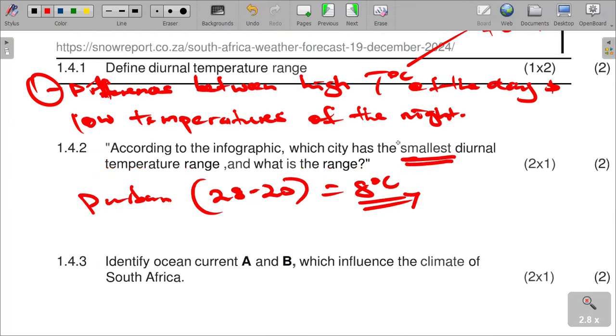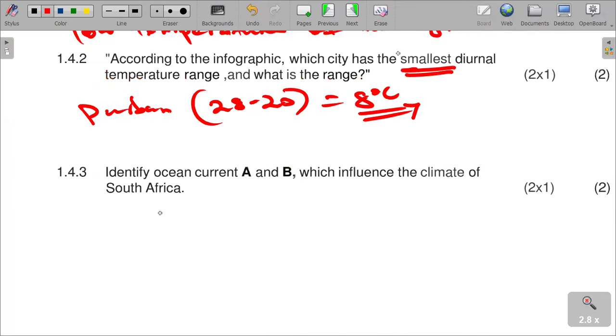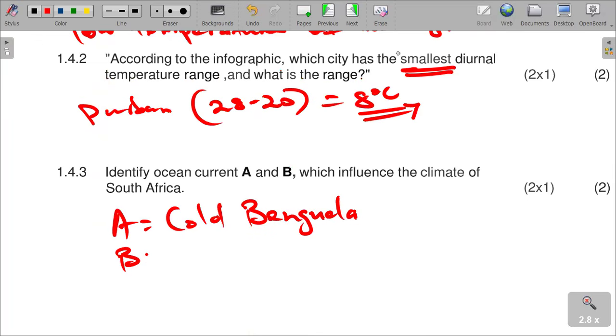So that is to say A is the cold Benguela current, and B is the warm Agulhas.